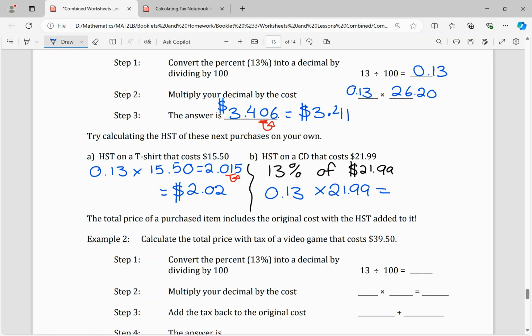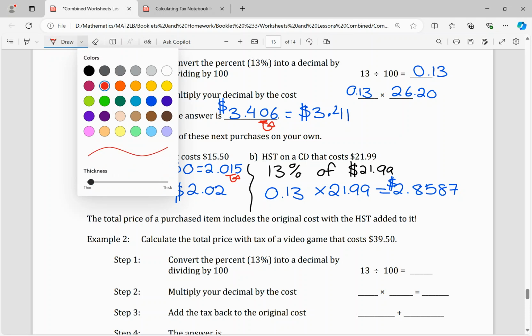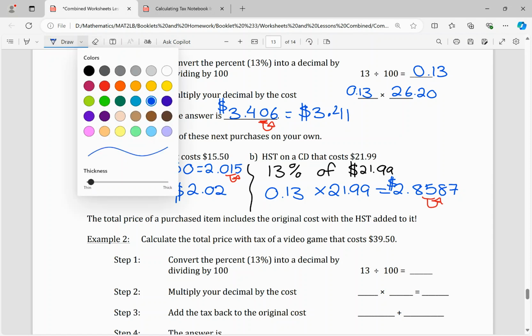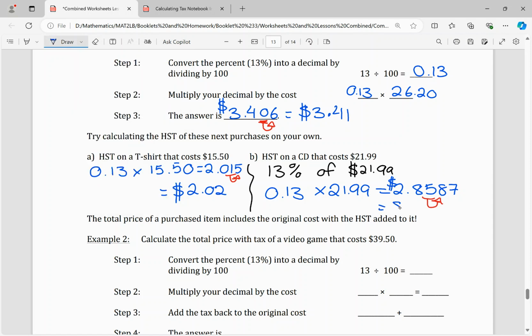This is equal to 2.8587. This is the extra money that we're paying. I don't need 4 decimals, I only need 2. So I round to the nearest cent. The 5 is going to round up because of the 6, giving me $2.86.